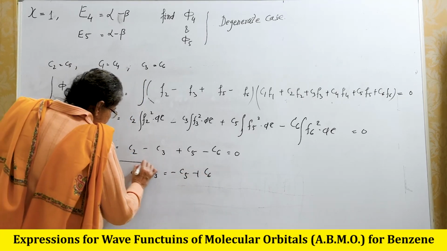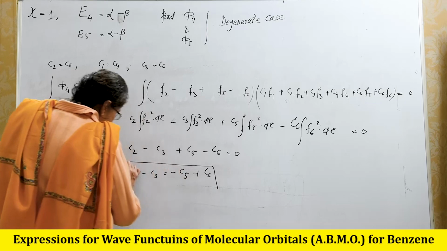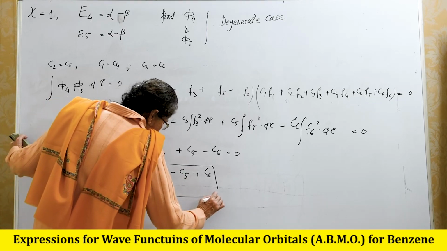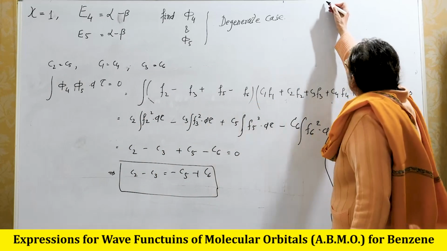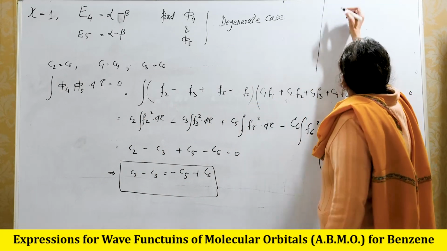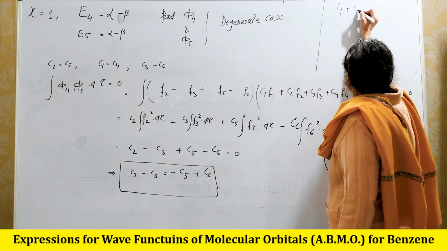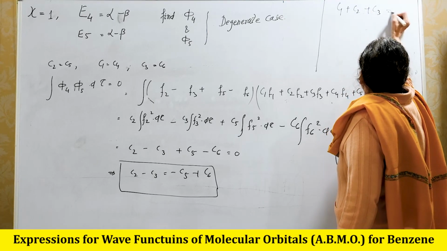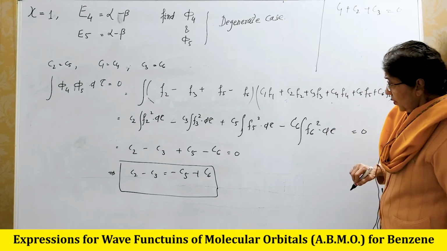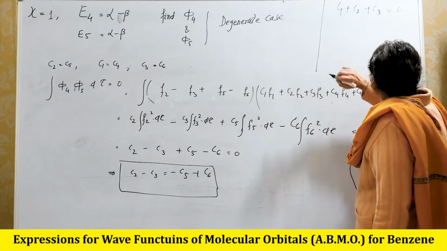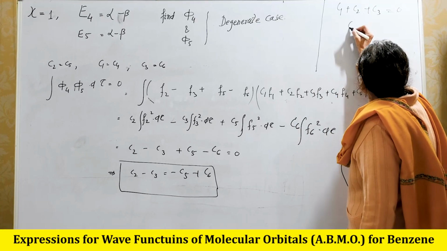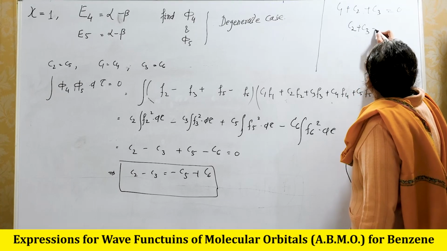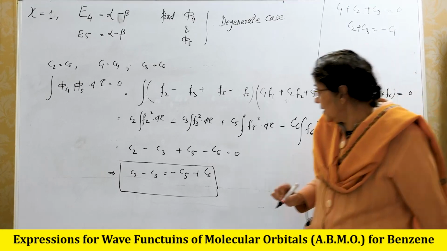This is the relationship we got. And earlier we derived that C1 plus C2 plus C3 is equal to 0, so C2 plus C3 is equal to minus C1.